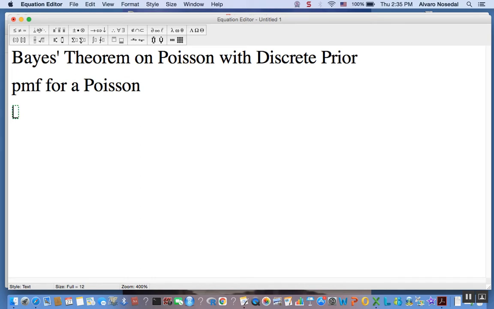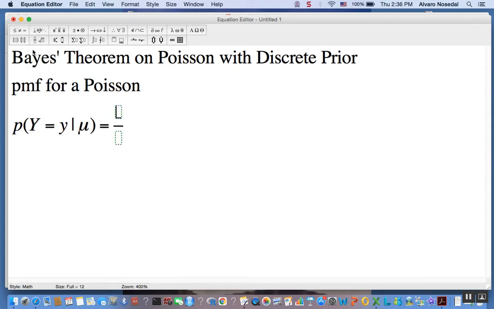Let me use the following notation: the probability of observing a particular value of the random variable Y, the particular value being lowercase y, given mu, and I'm going to be using mu for the parameter that indexes or identifies that Poisson random variable.